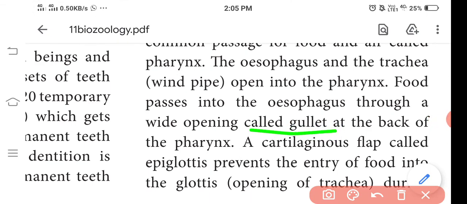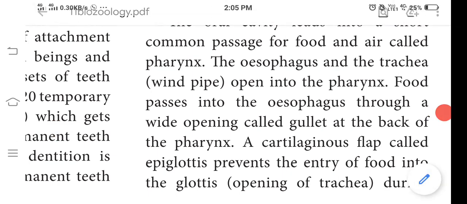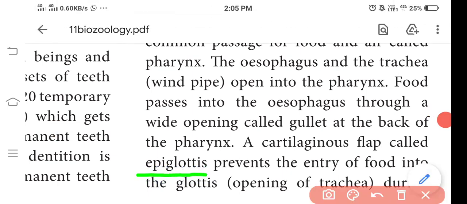A cartilaginous flap called the epiglottis prevents the entry of food into the trachea during the process of feeding. So epiglottis is a most important structure and a most important question also, because this is a structure which gets closed while we feed. Once we swallow something, if you have some water nearby, just swallow water.